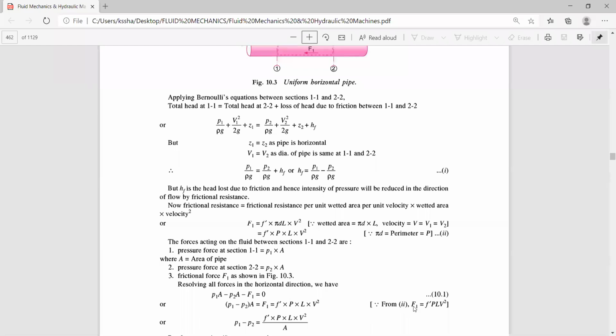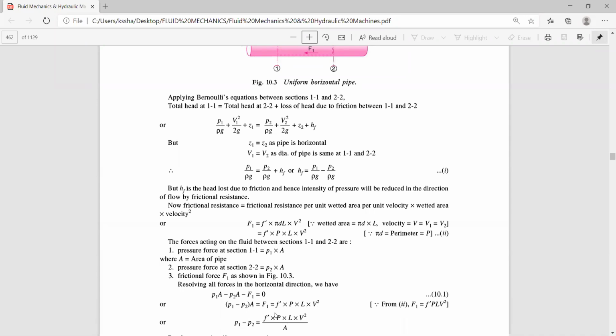Now from equation 2, we have calculated F1 as F dash into P into L into V square. So we will substitute the value of F1: P1 minus P2 into A is equal to F1, which is equal to F dash into P into L into V square.